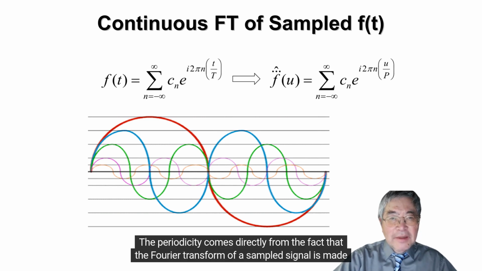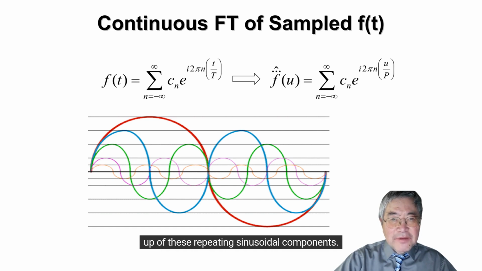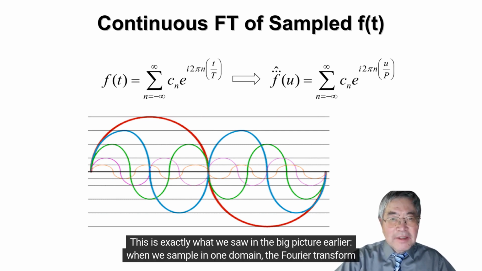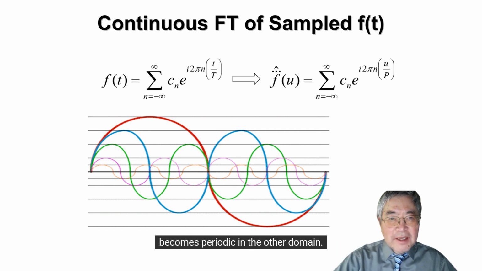The periodicity comes directly from the fact that the Fourier transform of a sampled signal is made up of these repeating sinusoidal components. Each one repeats over and over, giving us a continuous function in the frequency domain that is also periodic. This is exactly what we saw in the big picture earlier. When we sample in one domain, the Fourier transform becomes periodic in the other domain.